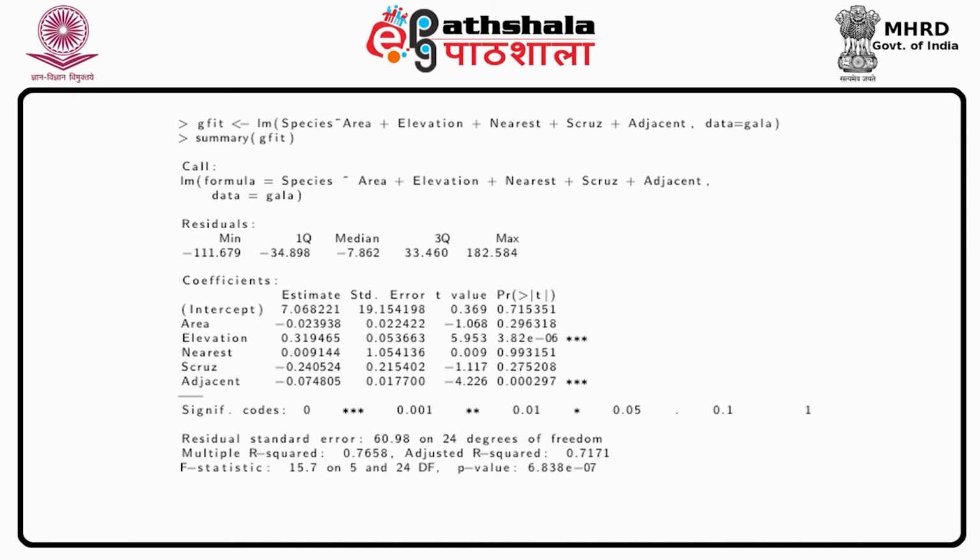Taking the next value, corresponding to area, the coefficient is negative 0.0239, which means that alpha 1 attached to x1 happens to be this value, given that x1 is the area. The remaining estimates of the coefficients have similar interpretation.